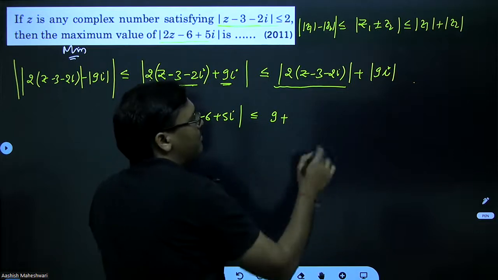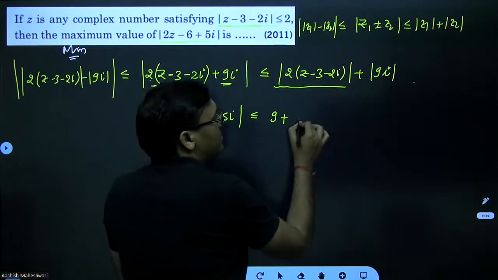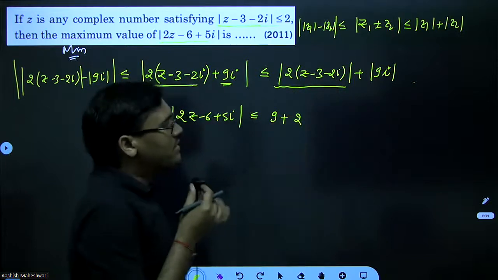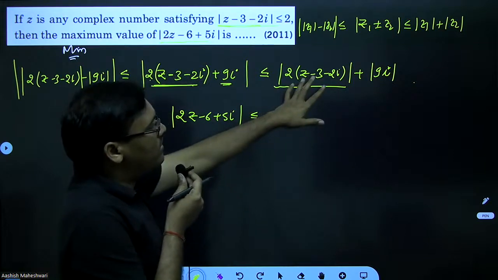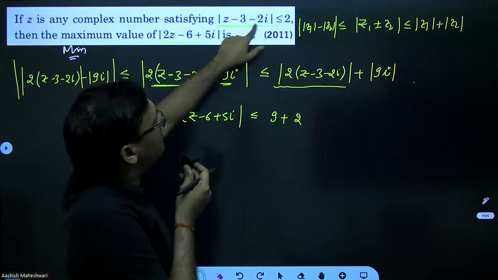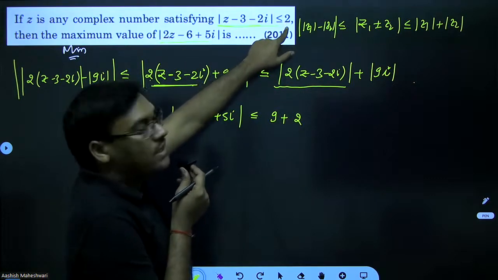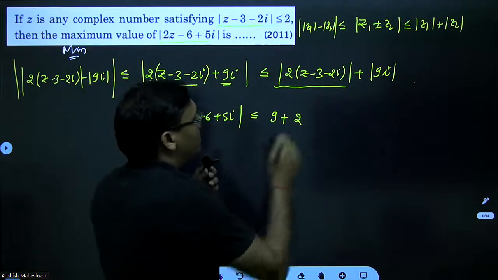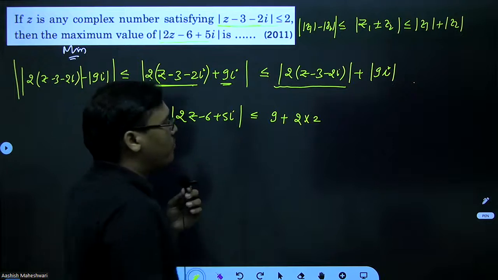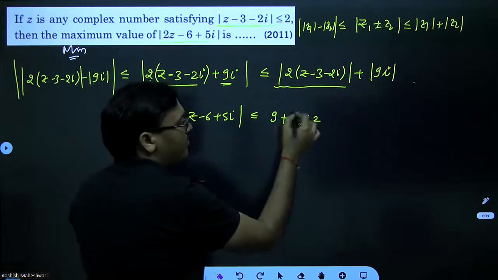This is 2 times modulus of z minus 3 minus 2 iota. What is the maximum possible value of modulus of z minus 3 minus 2 iota? You can see this is less than or equal to 2, so the maximum value is only 2. So this is equal to 13.